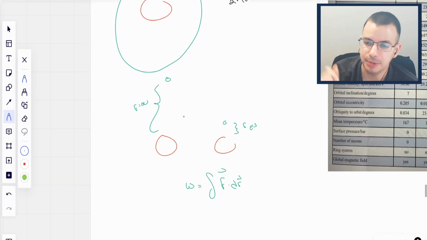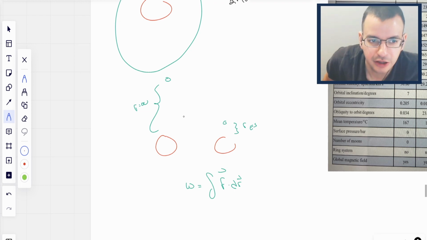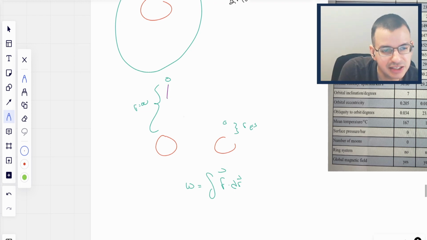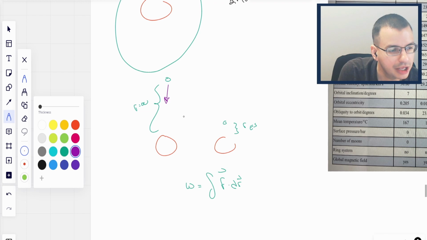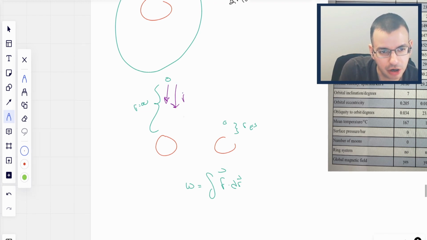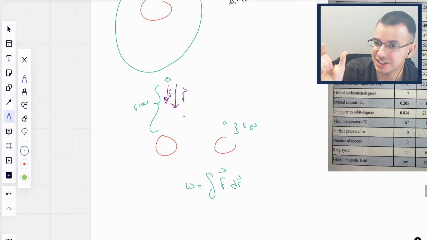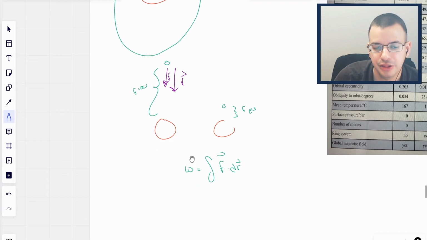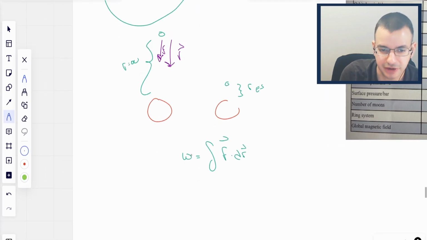Dot product is a measure of how perpendicular or parallel two vectors are. In this case, the force is down, and the direction of motion, R, is also down. So this will be R, this will be F, therefore F and displacement are parallel. Therefore, I can basically just ignore the dot product of vectors. And the force in this case is going to be G, the gravitational constant, mass Earth, mass Sun, divided by R squared.